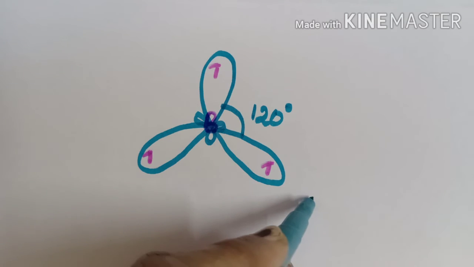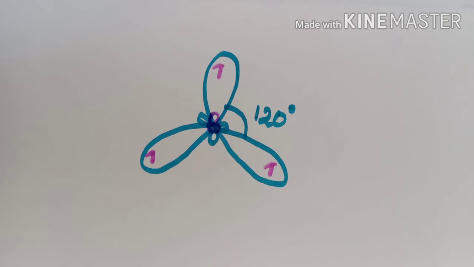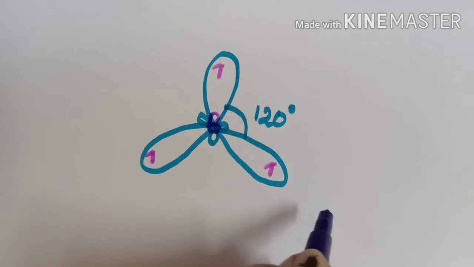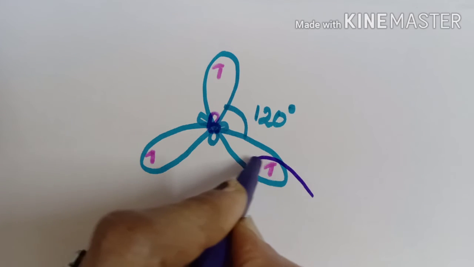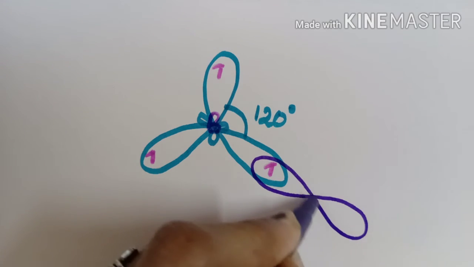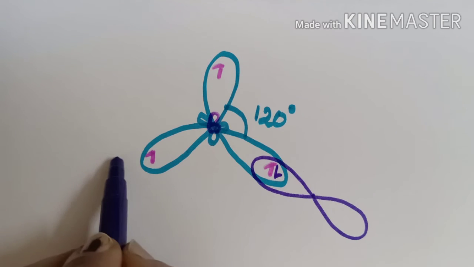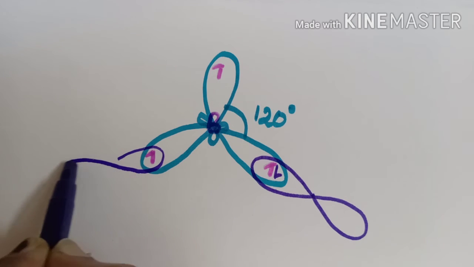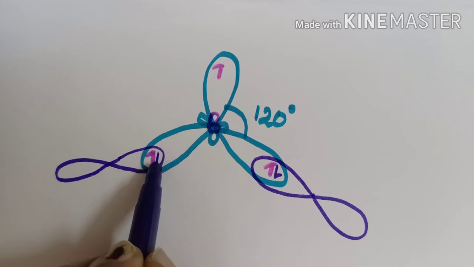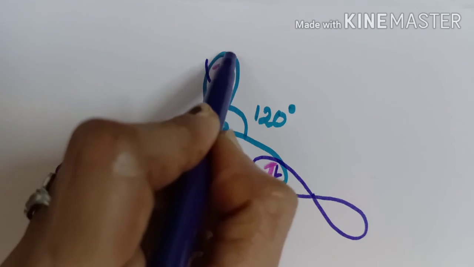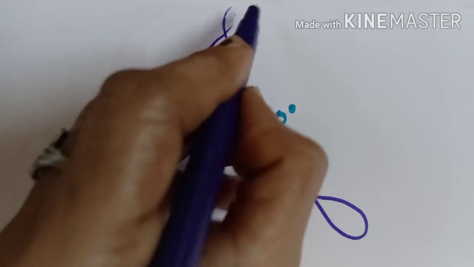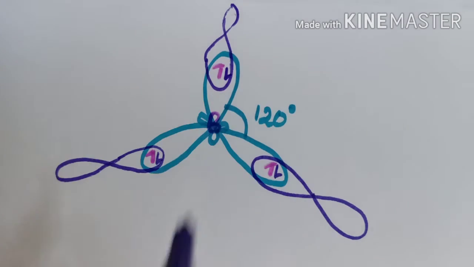So a pure p orbital is coming and overlapping here to form 3 different sigma bonds: 1, 2, and 3.